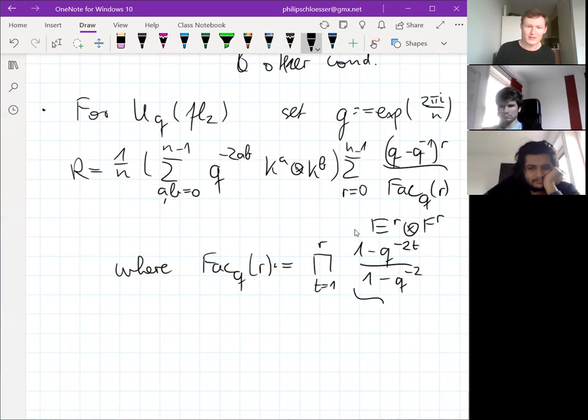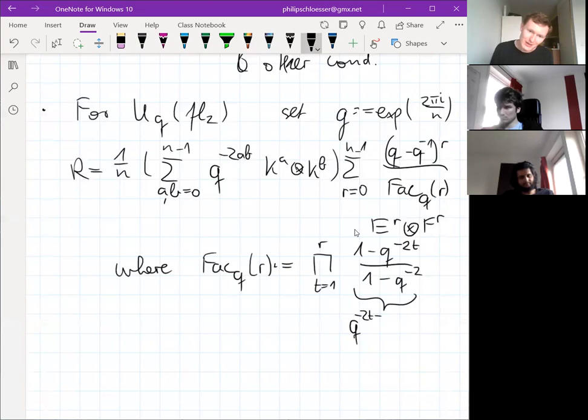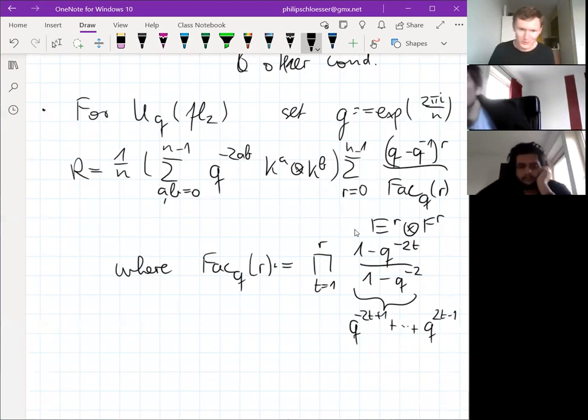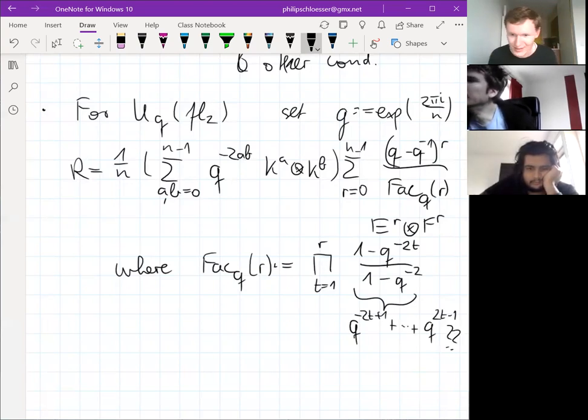Yeah, I probably didn't write this one out nicely, but this basically amounts to q to the minus t plus 1 plus every power until q to the 2t minus 1, I believe. Could that be correct? Well, something like that. Anyway, it's a lot of powers of q summed, t many of them to be correct, and with steps of 2 or something. Well, never mind.